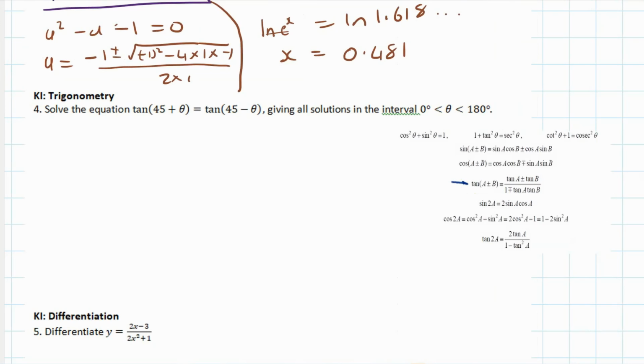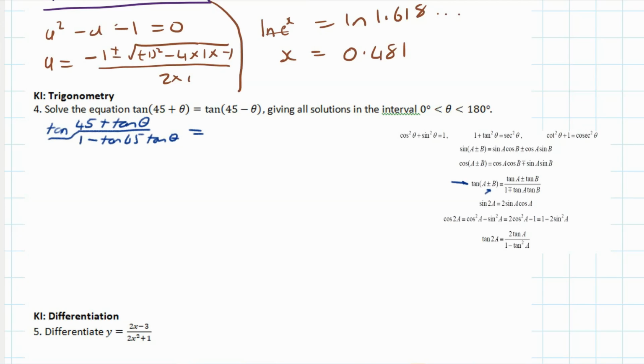So the addition formula, I'm going to go tan 45 plus tan theta all over 1 minus tan 45 tan theta equals, now we're doing a minus here, so this one will be slightly different.